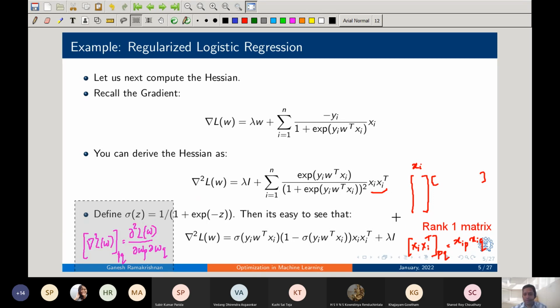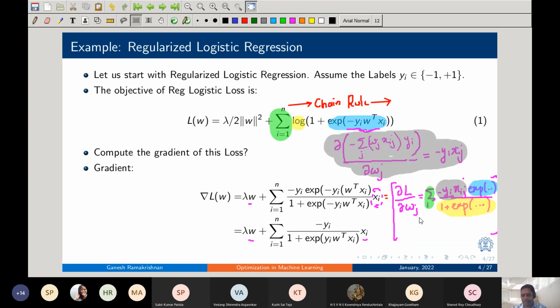So you try to match these two expressions from the double derivative. Go back to the gradient slide. We showed the jth component, or pth component, here: you'll have minus yi xij exp and so on. Now if you take the pth component and do another derivative, you'll have one more xiq coming out.